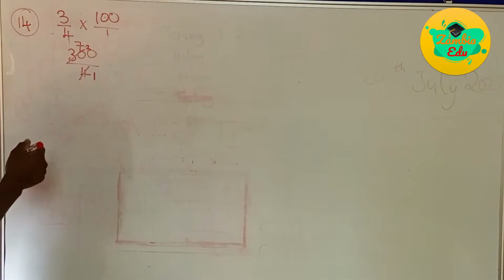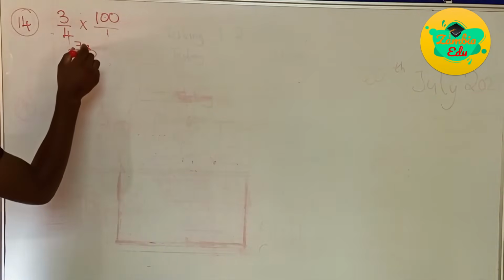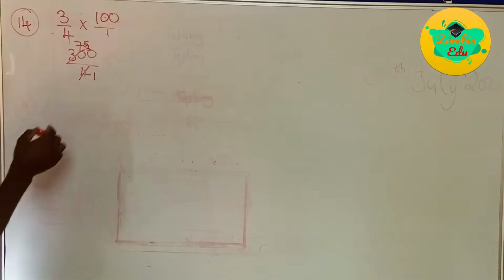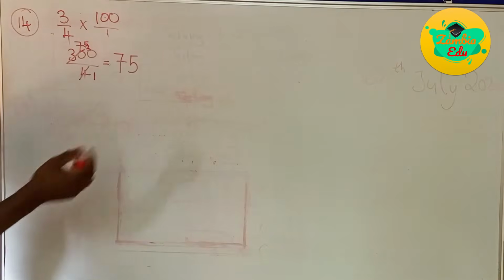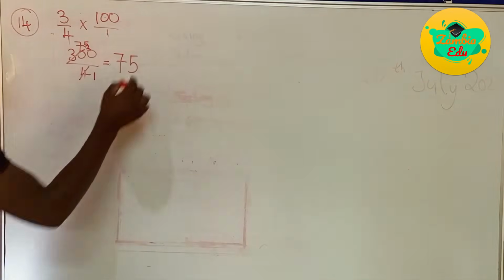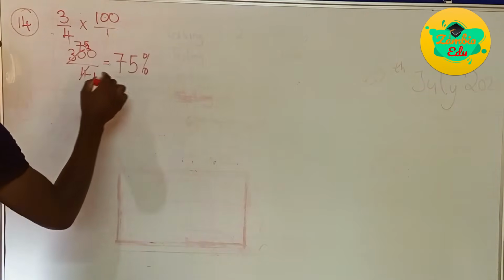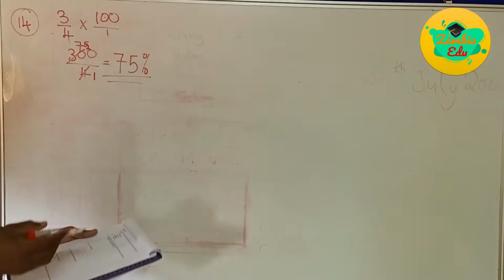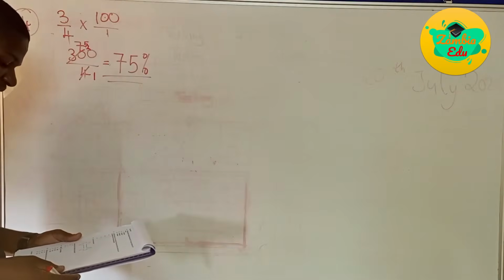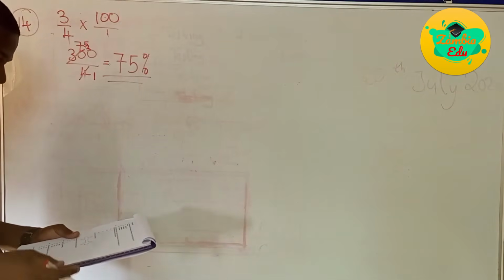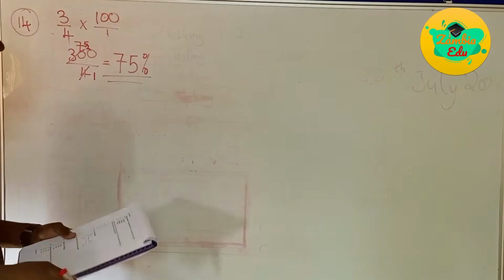So we have a 20 there. 4 into 20 goes 5 times, which gives us the answer 75. And because we are finding a percentage, remember to add the percentage sign to our answer. If you look at our multiple choice there, we have A being 7.50% and B being 75%.